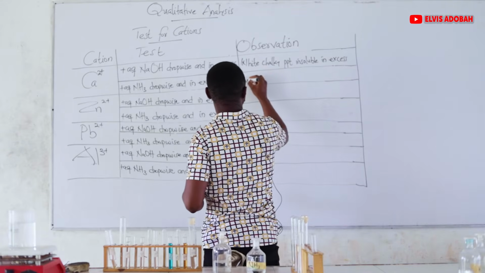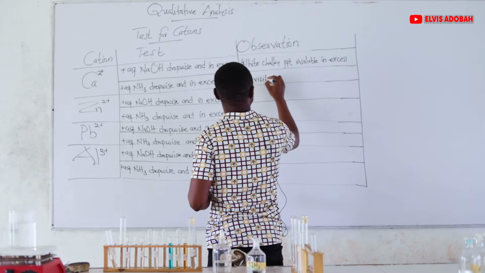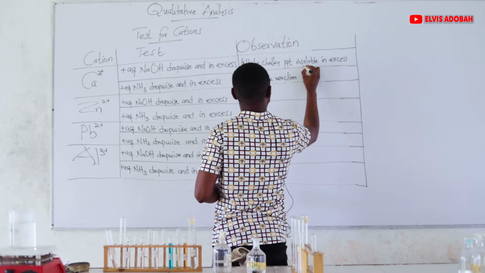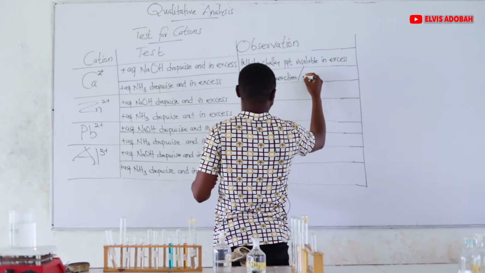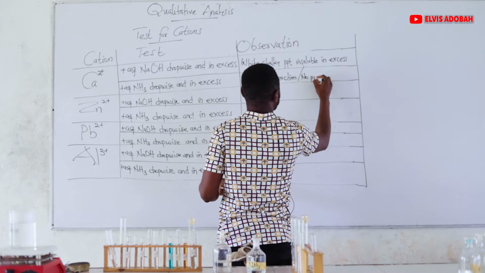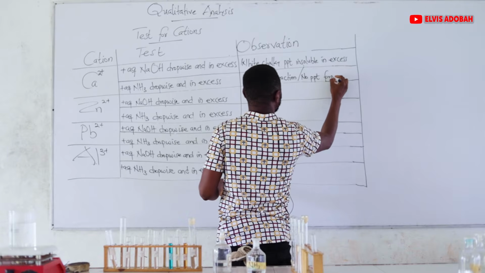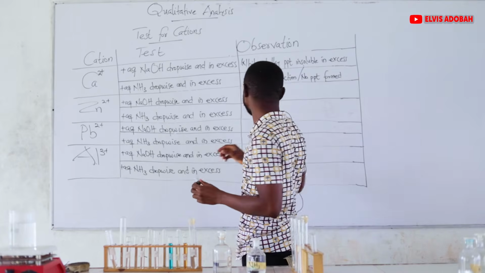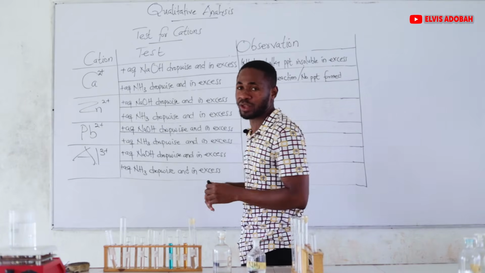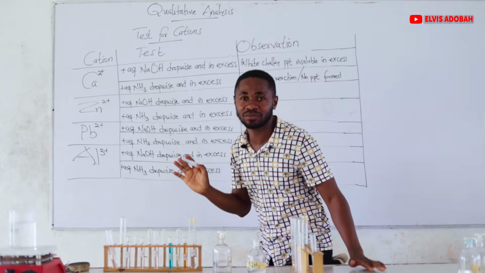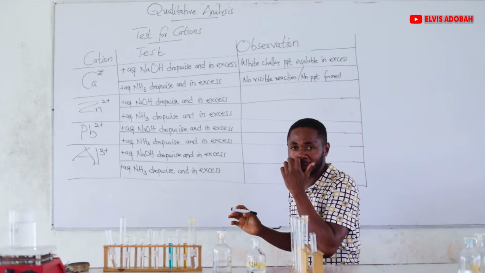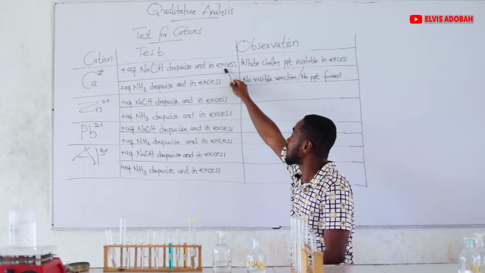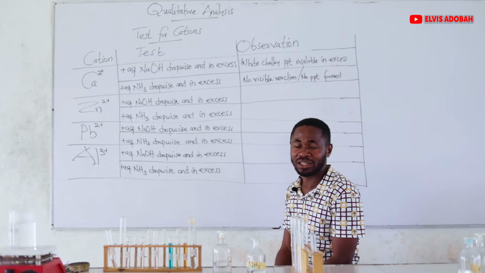So no visible reaction, or I could choose to also write no ppt formed. The ppt is the short form for precipitate. Please, when you write it, don't put a dot after the ppt. Just leave it like that. That is what we will get with calcium ions if we are to test with sodium hydroxide and aqueous ammonia.